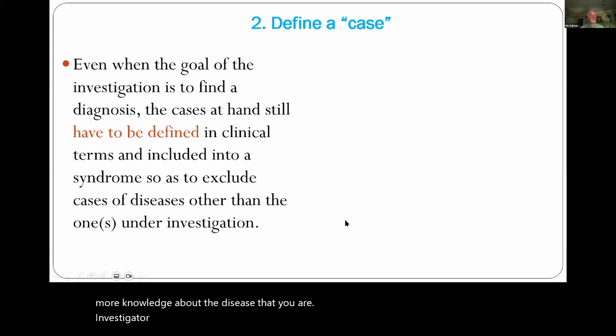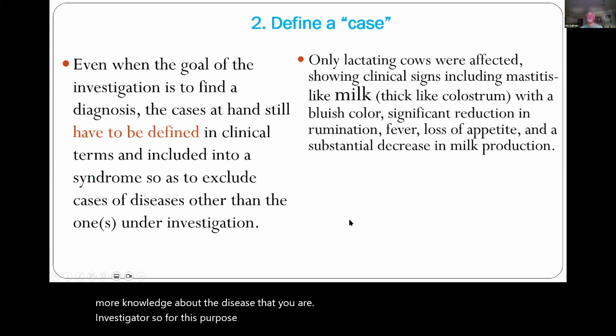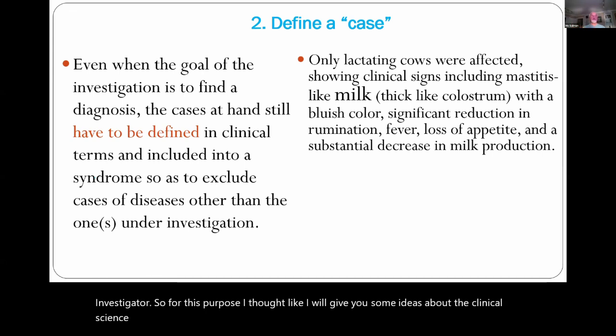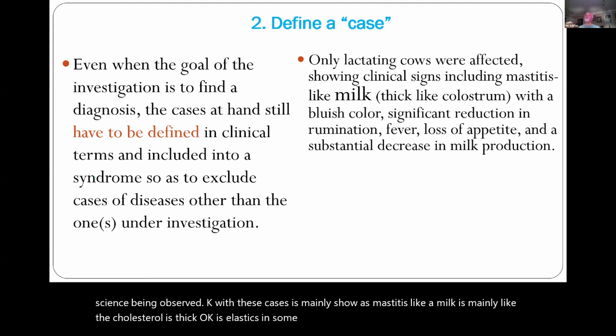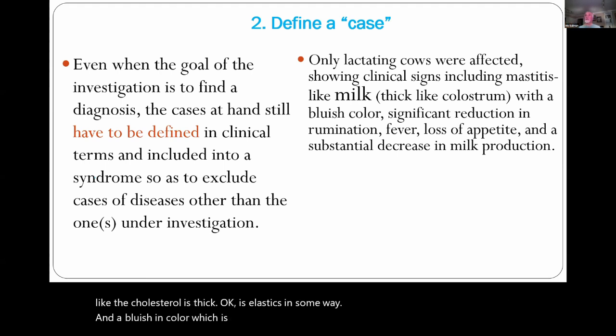So for this purpose, I thought I would give you some ideas about the clinical signs observed with these cases. It mainly shows as mastitis-like milk, like colostrum, thick, elastic in some way, and bluish in color, which is very unusual. Even in mastitis milk, you don't see the blue color.